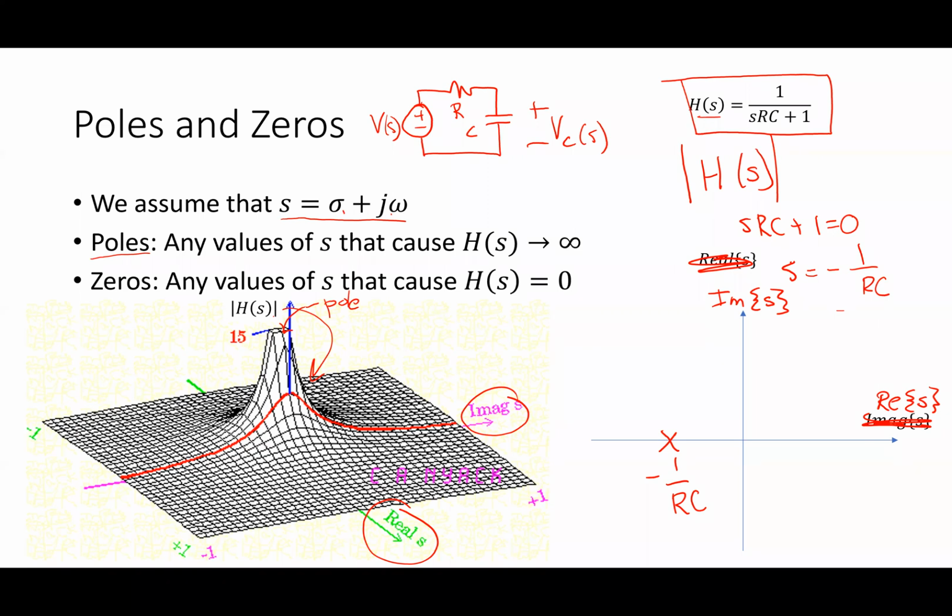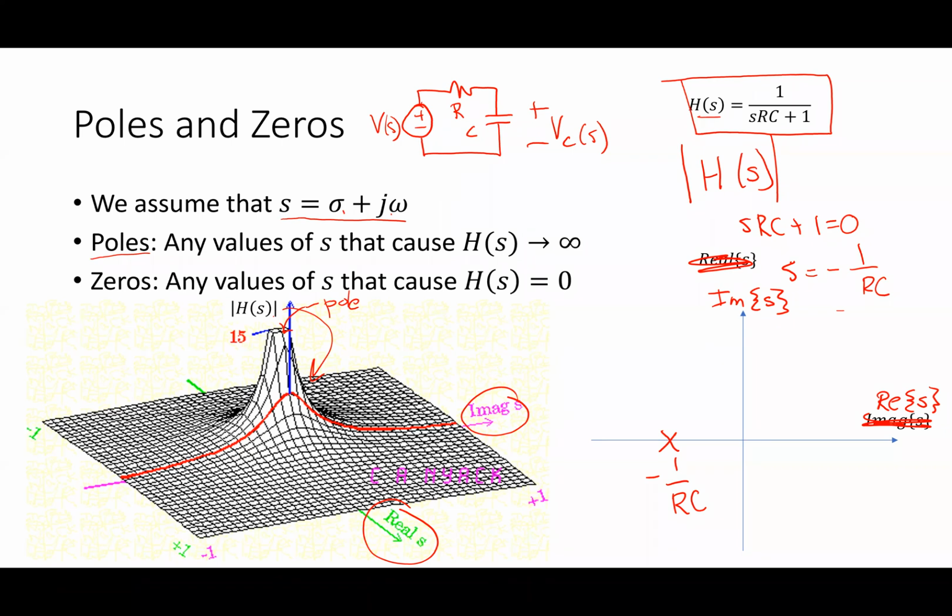All right, so why did I put this guy on the negative real axis? I put an X where the pole occurs, right? If I drew the three-dimensional plot, this is where this guy would be sticking off to infinity, where I drew that X. That's where that pole is. Why is it on the negative real axis? Because the real part is negative.